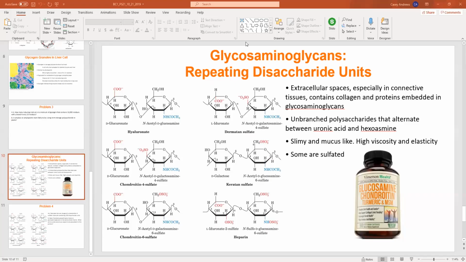Let me get that slide up. So here is hyaluronate, which will make hyaluronic acid. And let's break down that word, heteropolysaccharide.